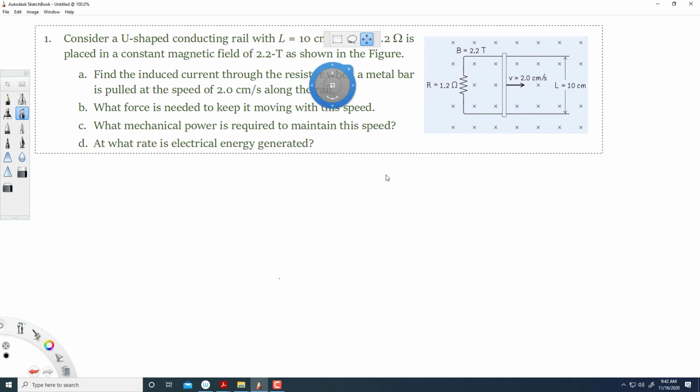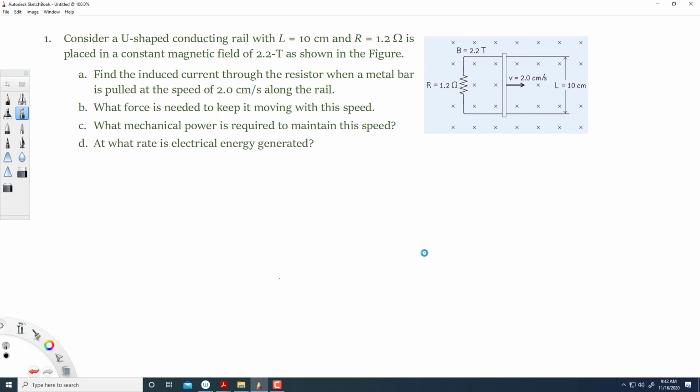Okay, so let's look at this problem. We have this U-shaped rail, and this U-shaped rail is in a magnetic field. This is the U-shaped rail, and it is connected to a resistor of 1.2 ohms. It's in this magnetic field which is 2.2 Tesla, pointing into the page or into the screen.